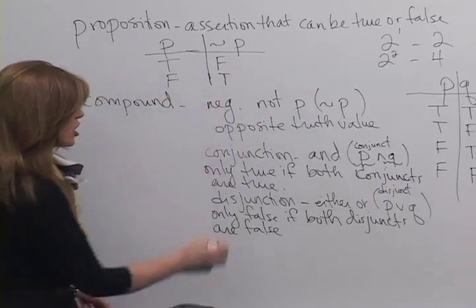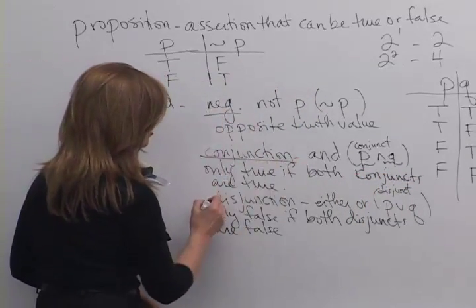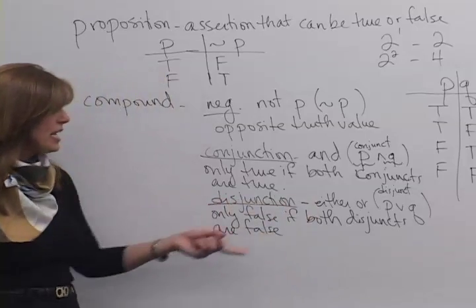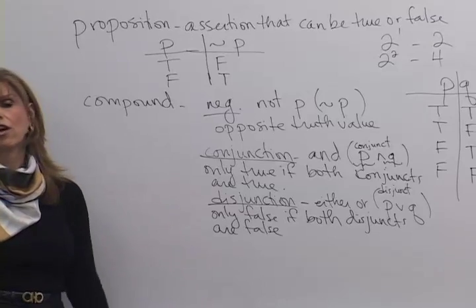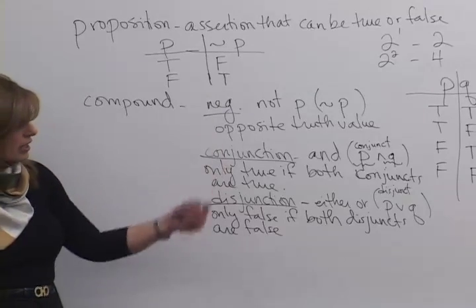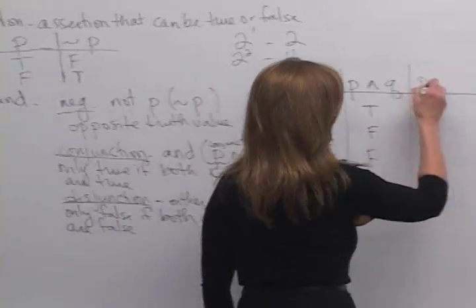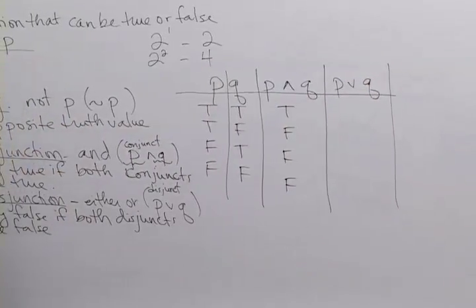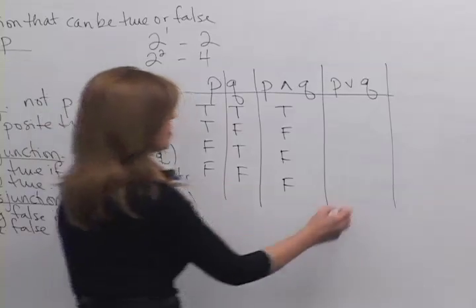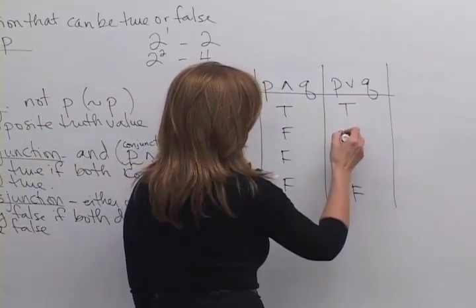So we have a negation, we have a conjunction, and disjunction. The disjunction is either or. It is only false if both disjuncts are false. So if we have P or Q here in a table, where is it going to be false? Only at the bottom one, right? So otherwise, it's going to be true.